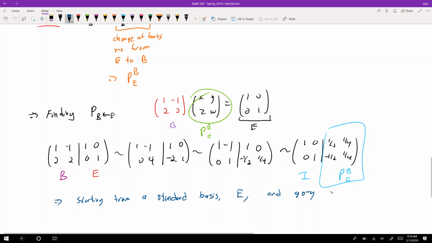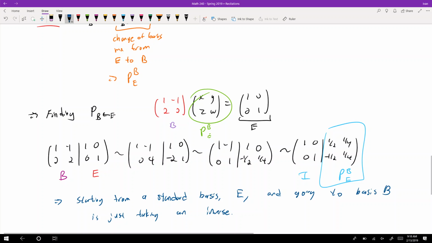Again, this is completely coincidental. It happens to work out this way because the identity matrix is on the right-hand side, so we're just finding inverses. But in general, that's not going to happen.